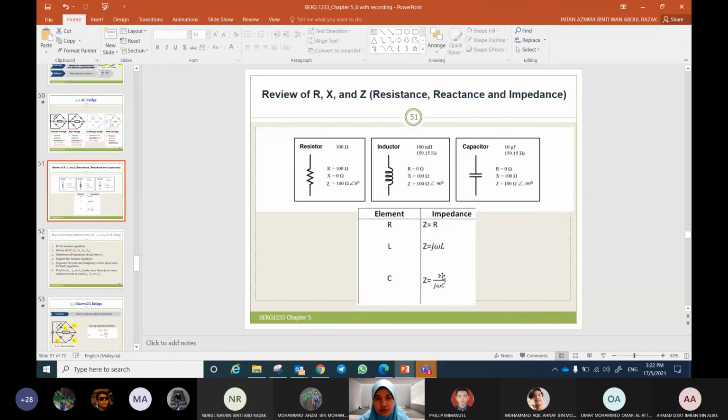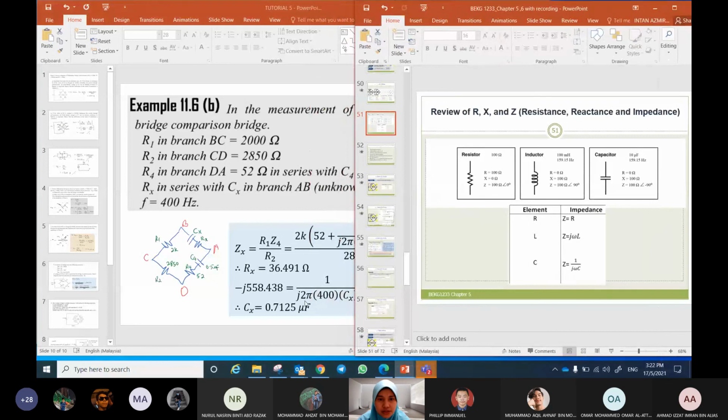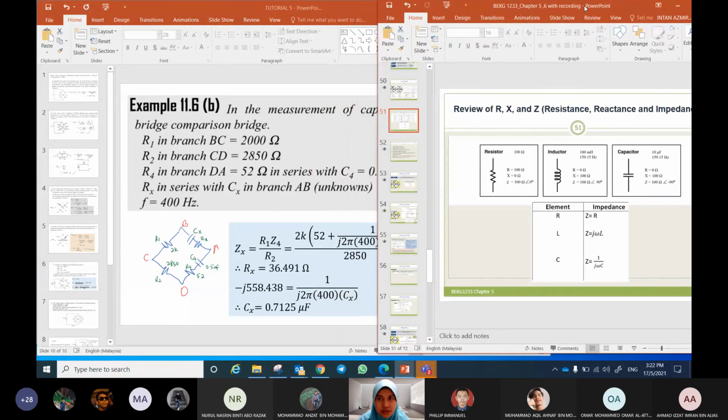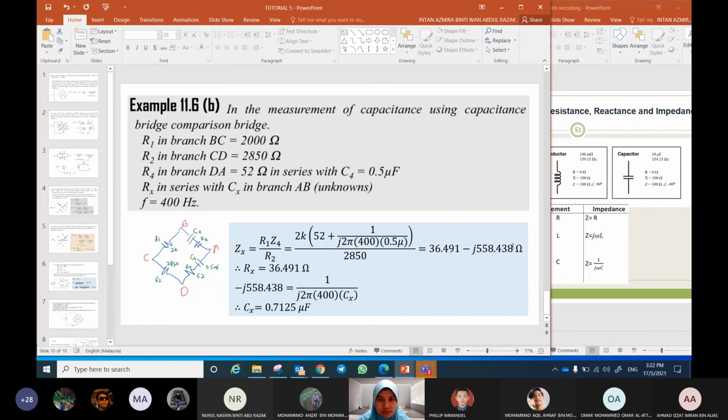For capacitor, the impedance is equal to 1 over J omega C. For inductor, J omega L. For resistor is equal to R. So 1 over J omega C is equal to this term.